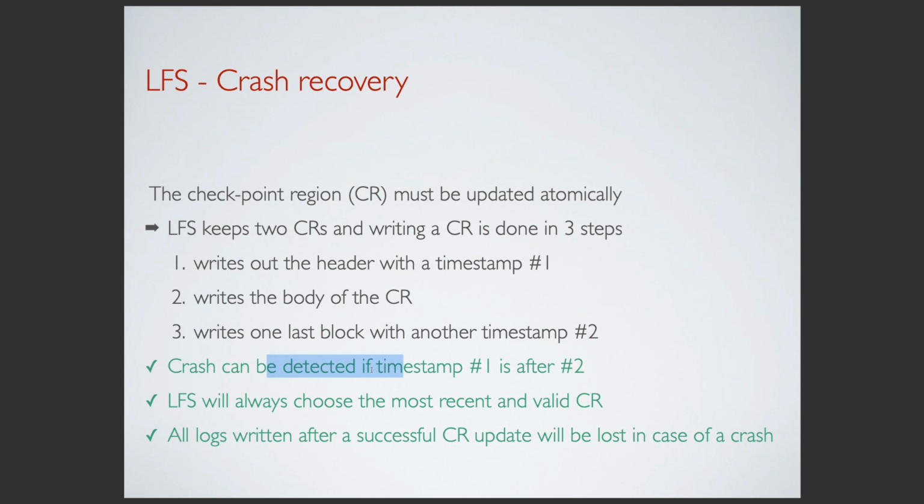And what happens then? You're going to ignore the CR because it has been corrupted. Instead, you choose the other one. That's why LFS always chooses the most recent and valid CR. If one of them is corrupted, fine, we choose the other one. You cannot have 2 corrupted because you're not going to write the two CRs at the same time. You're going to alternate, right?